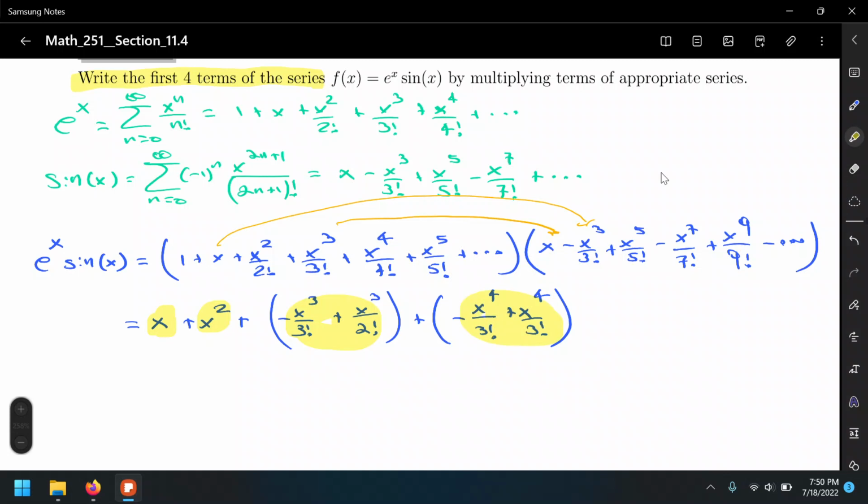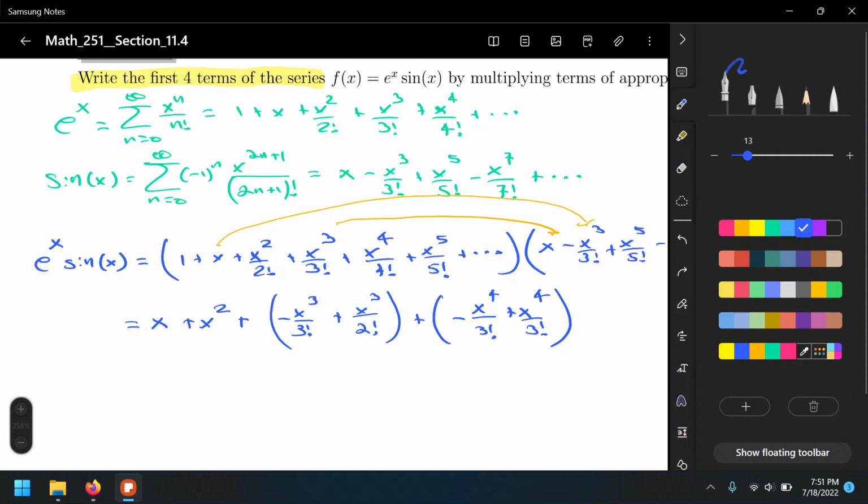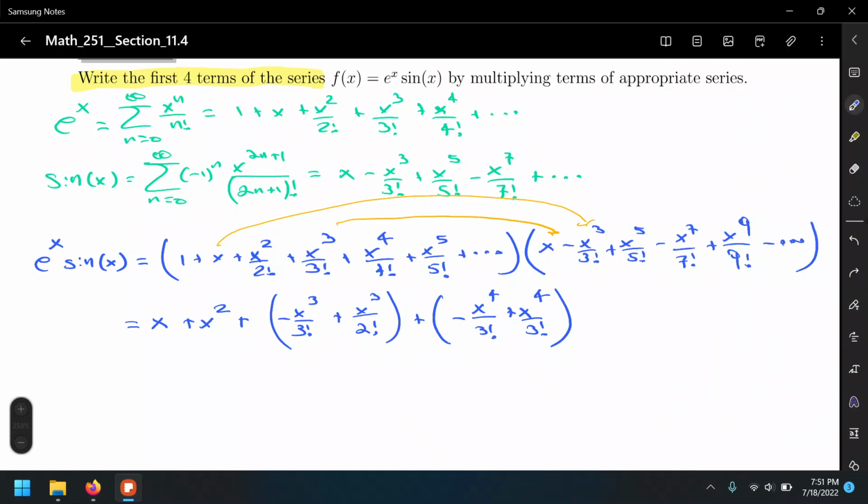There is an issue here. These two terms with the 4th powers are like terms with opposite signs, so they are going to cancel. That leaves me without that fourth term, so I would have to go one more power, that is the 5th power.